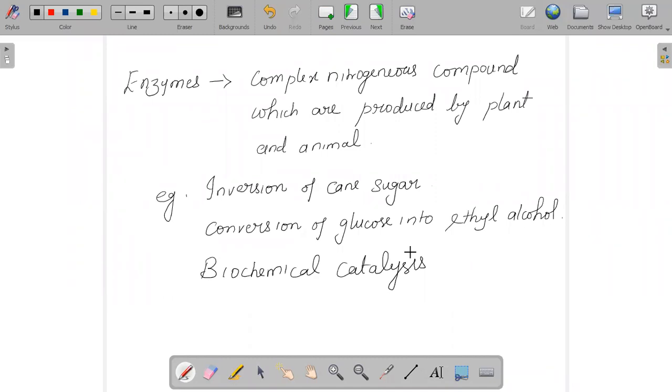For example, in the inversion of cane sugar, the enzyme invertase is used to convert sucrose into glucose and fructose.